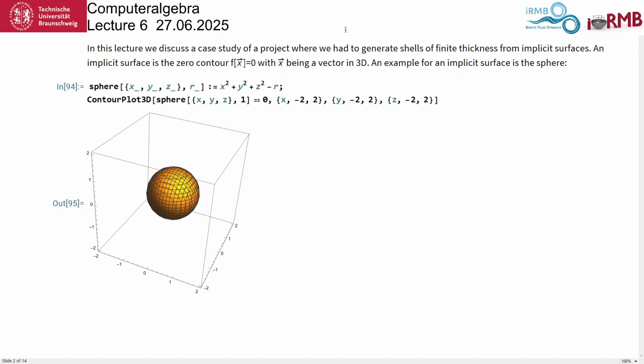in what we're mainly doing, fluid dynamics. For example, we wanted to simulate a sphere. Now how are you doing this? Of course, you can discretize a sphere with triangles.